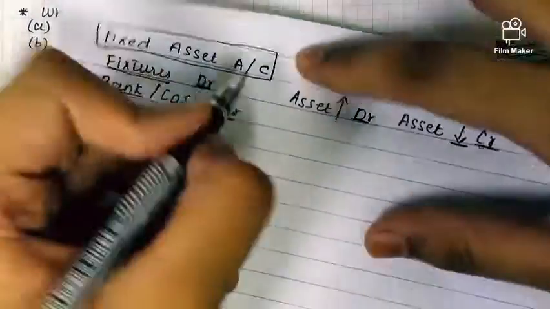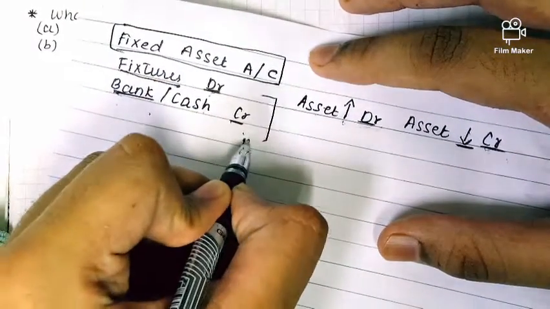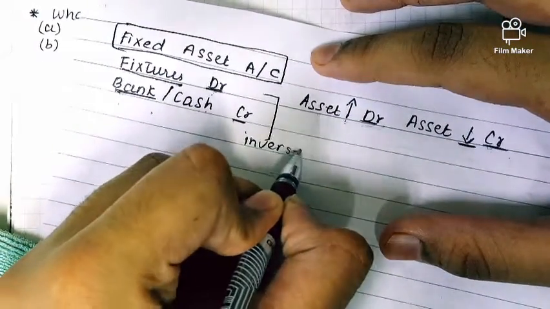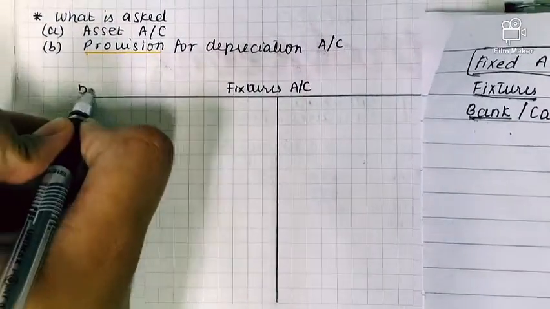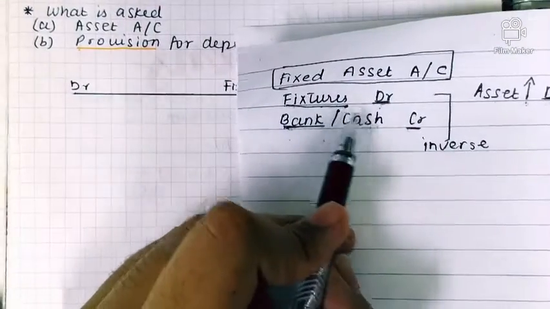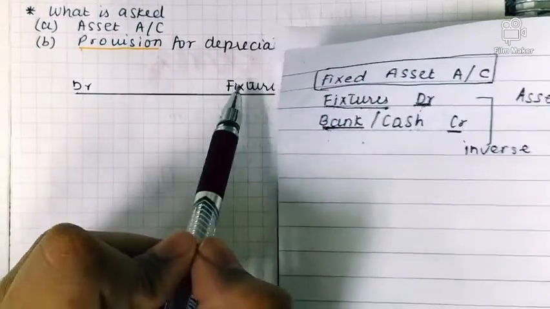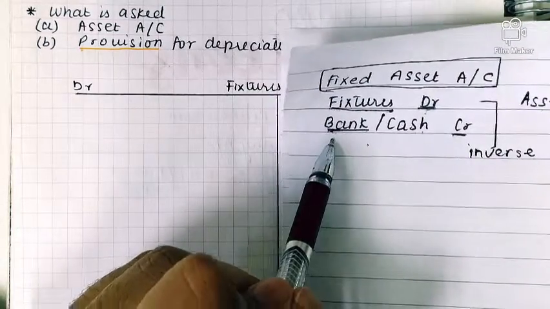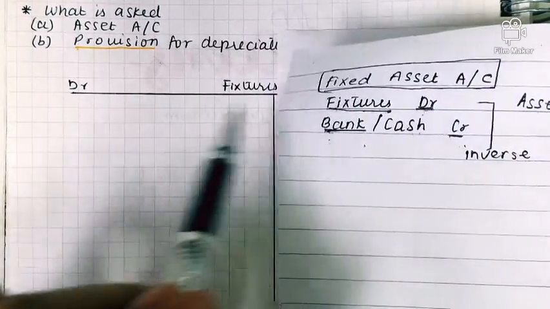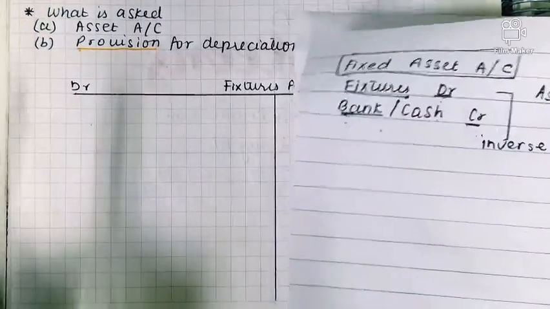Basically it inverses. So this is the debit side, this is the credit side. Now the fixtures is debit, so the fixtures account is what we are making, so we don't need to state it again. But the bank here is credit, so it will go into the debit side.